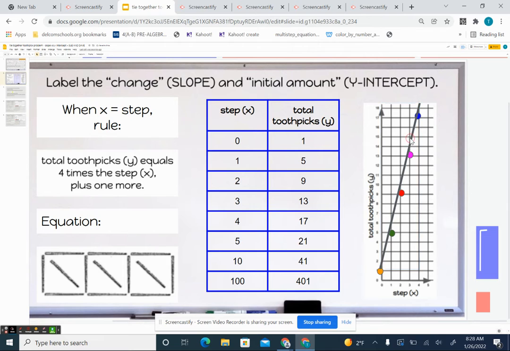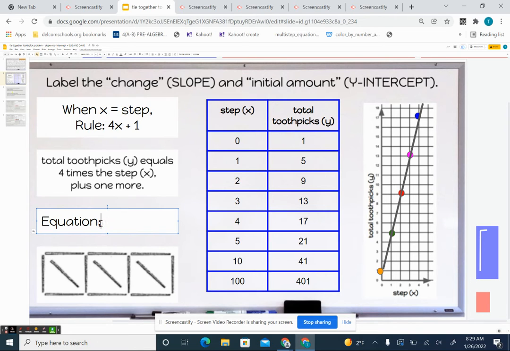So we have the graph, we have the data table. Let's take a look at the rule again. For any step, maybe the easiest rule was that we could take 4 times the step x and add 1. So the rule would be 4x plus 1. Here's a statement that ties it together: the total toothpicks, y, equals 4 times the step x plus 1 more.